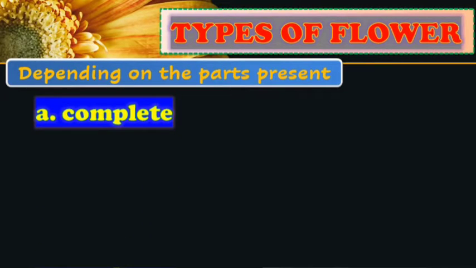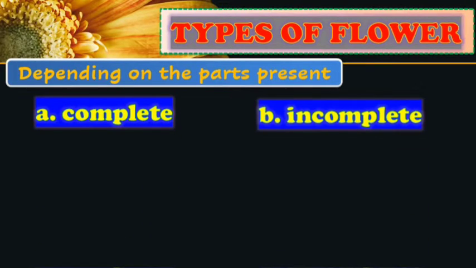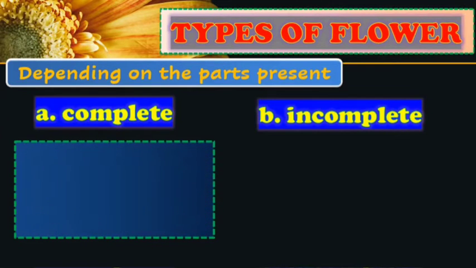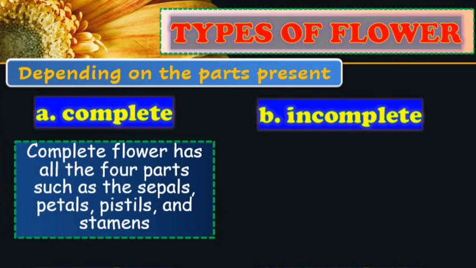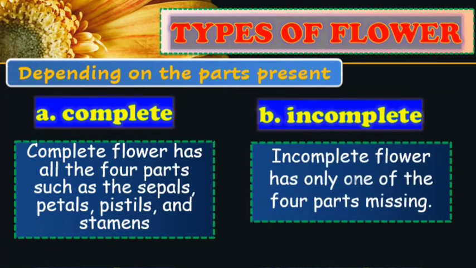We have complete flowers and incomplete flowers. A complete flower has all 4 parts, such as the sepals, petals, pistils, and stamens, while an incomplete flower has one of the 4 parts missing.